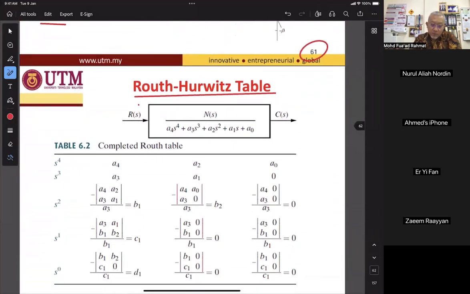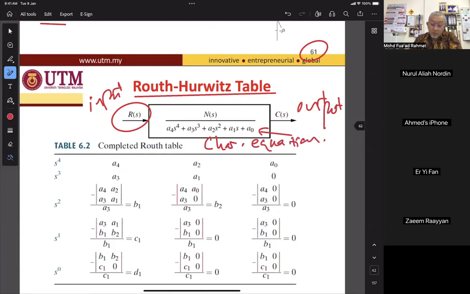We have input R, output C, and the characteristic equation, which consists of coefficients A4, A3, A2, A1, and A0.